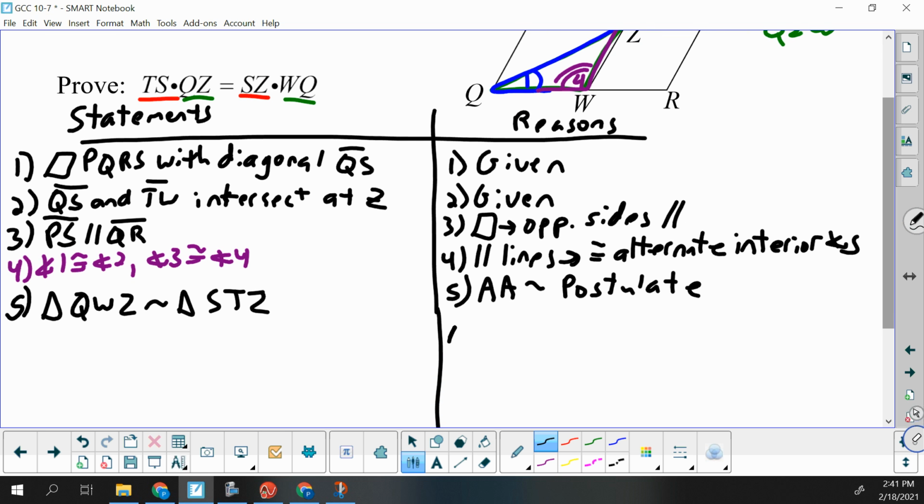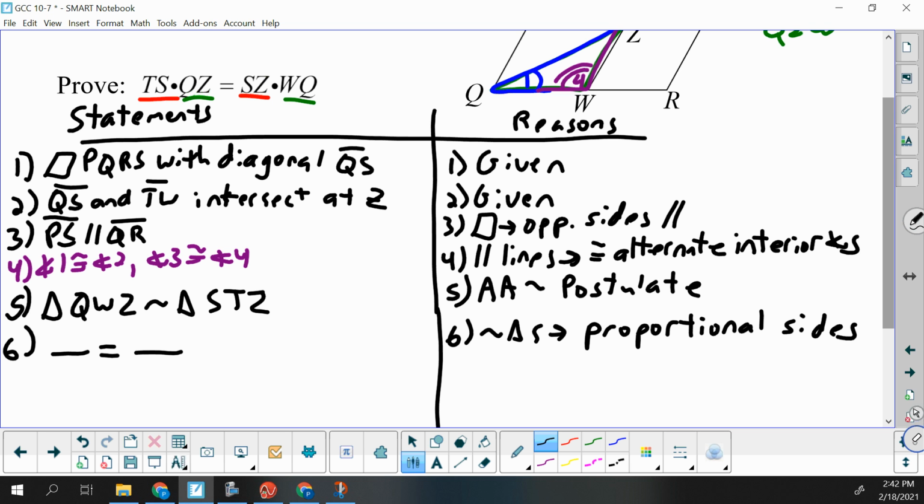After that, we automatically do similar triangles implies proportional sides. So TS and QZ have to be diagonal from each other, and then SZ and WQ have to be diagonal from each other.